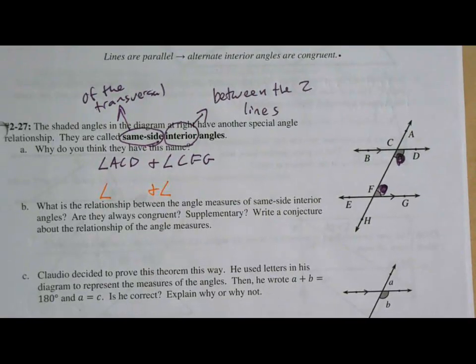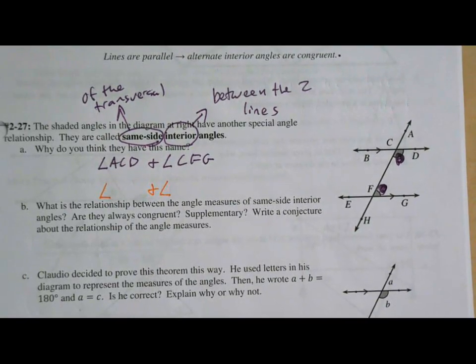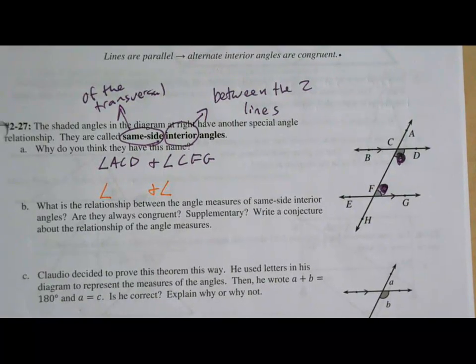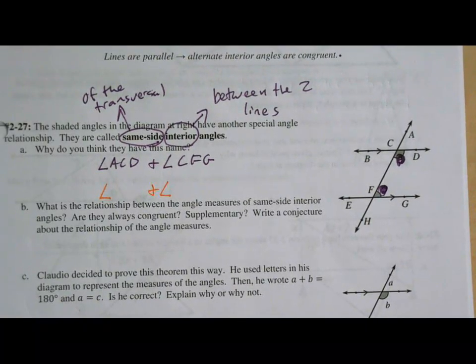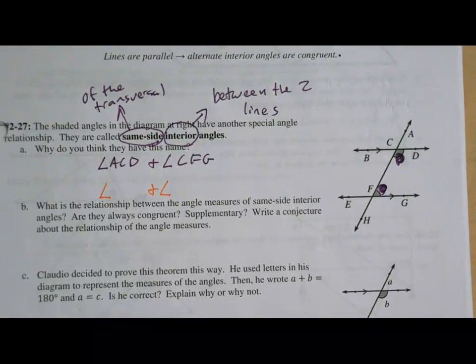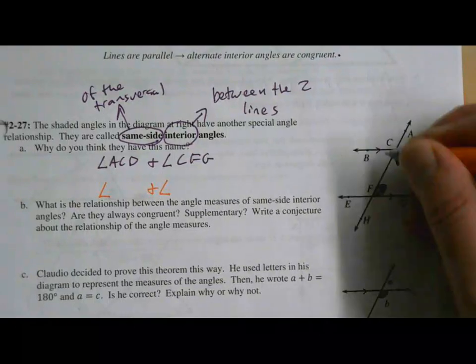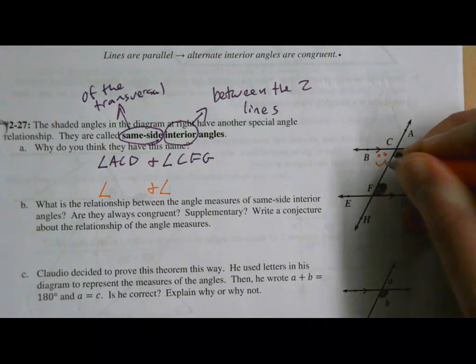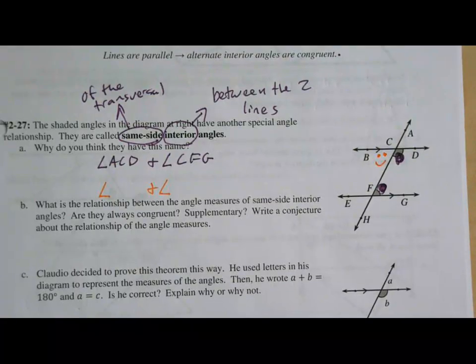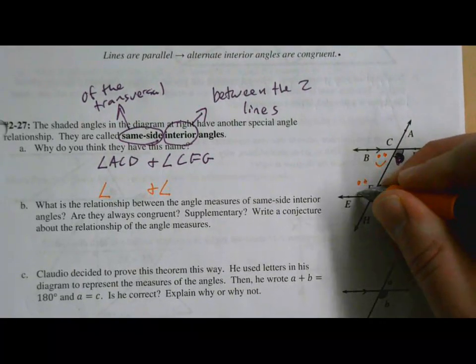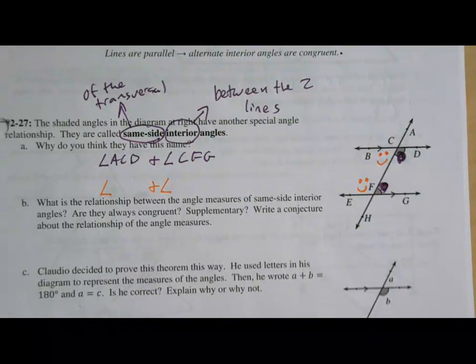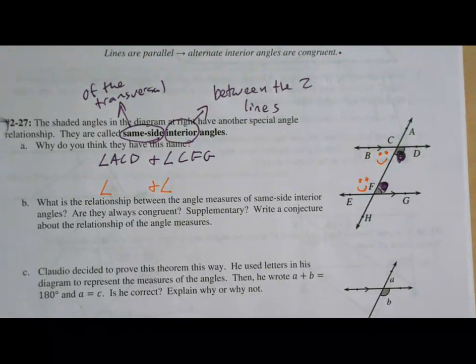Mark them with a smiley face this time. What are the 2 other same side interior angles? That's one of them. And the other one's here, yeah. So name those two angles for me.